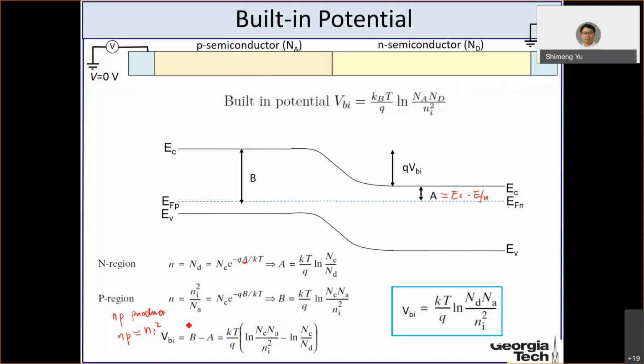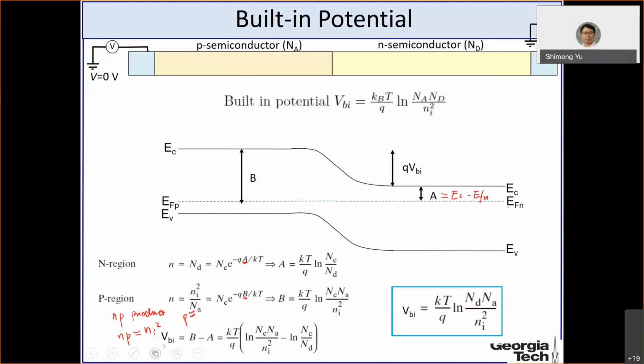And you know p is given by the doping density Na. And then you can plug into the same equation here. This is the distance from the EFP to the EC, which is given by this B, the distance B. So you can back calculate B. And if you back calculate B, then you get this equation.